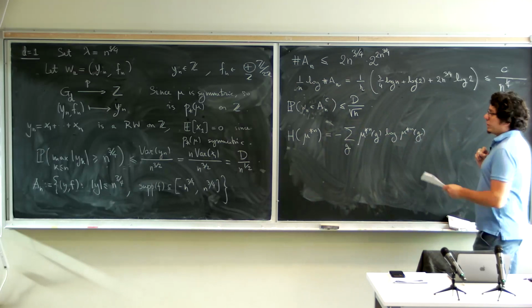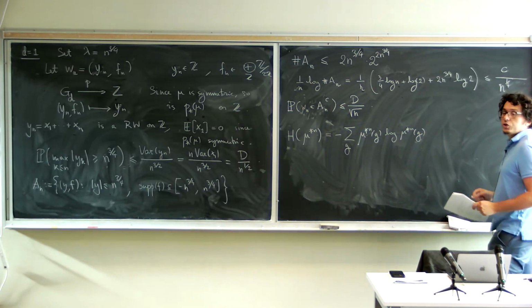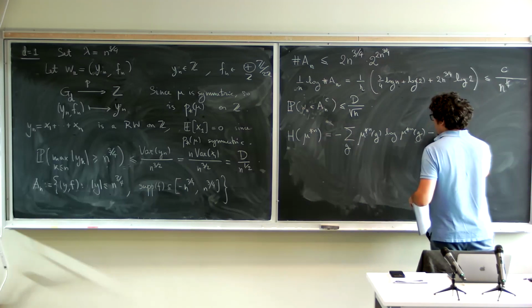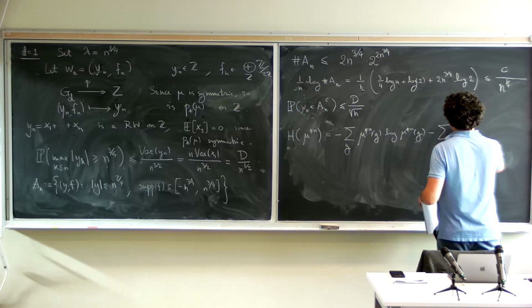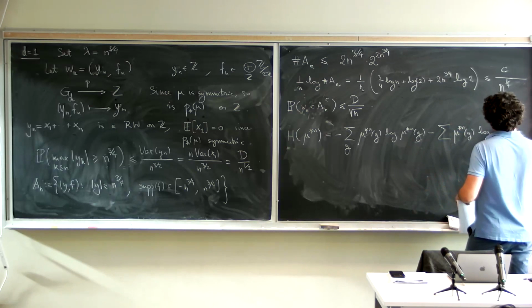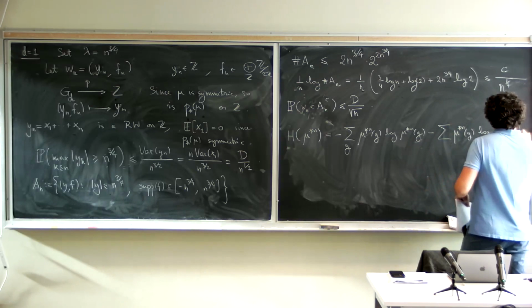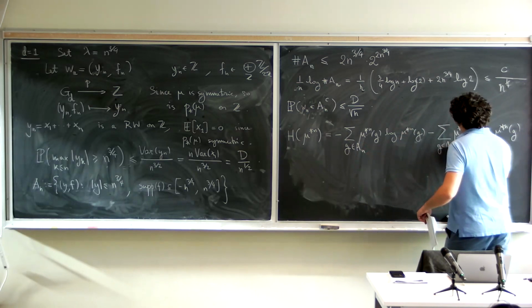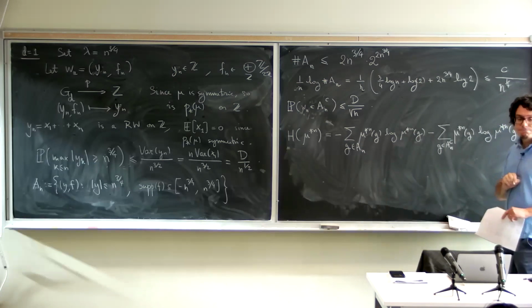And classically, we can split this into two terms. One is the sum over g in A_n, and the other one is the sum over g in A_n complement.